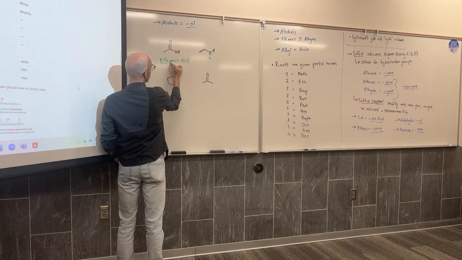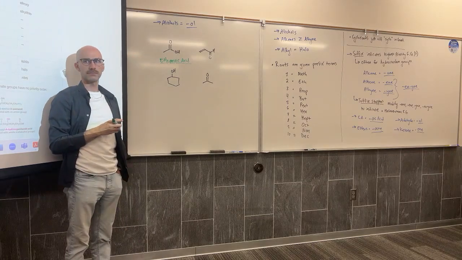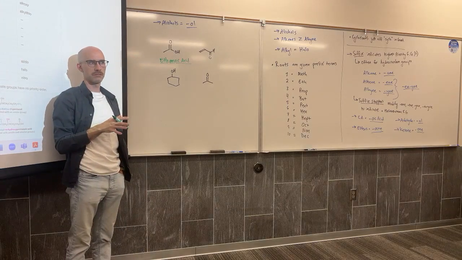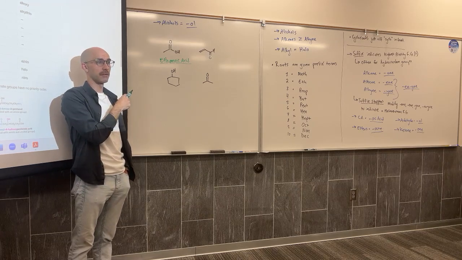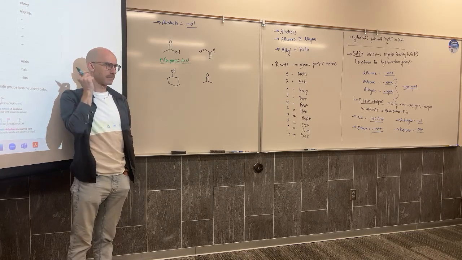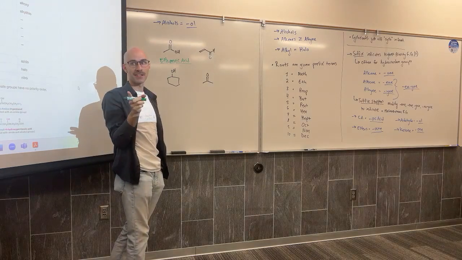So here's my root, suffix, suffix stopper. This molecule goes by another name, by the way, a common name. Do you guys know this molecule? I bet you've been learning about it since Gen Chem.